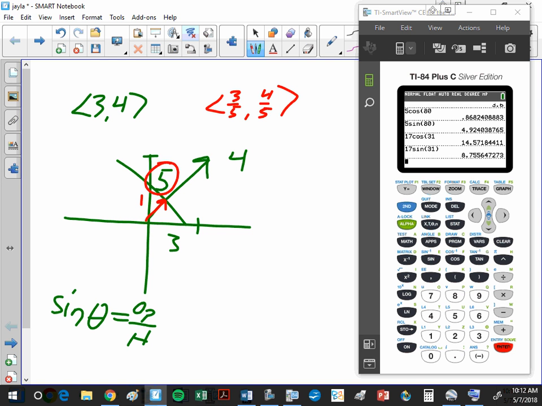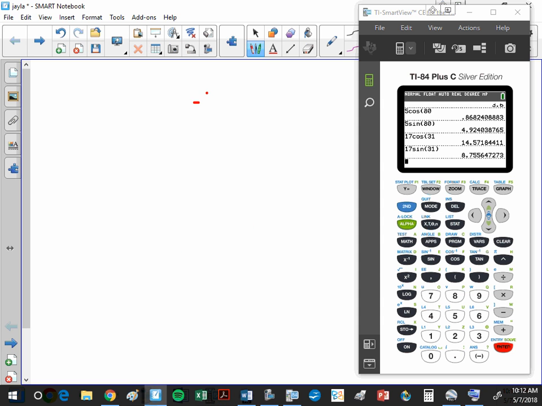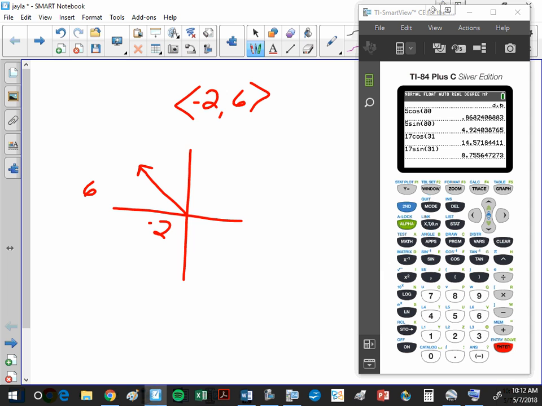Yeah, that's really easy. Okay, so let's say I had the vector -2, 6. So I'm in quadrant 2, -2 and 6. I want to cut it off. Where do I cut it off?